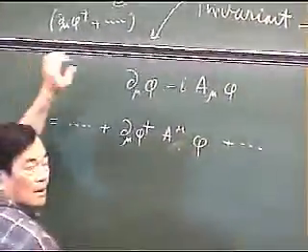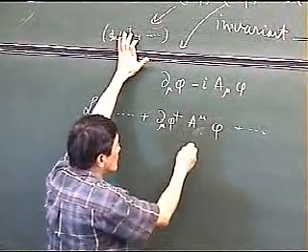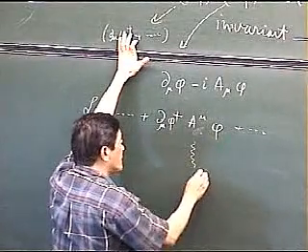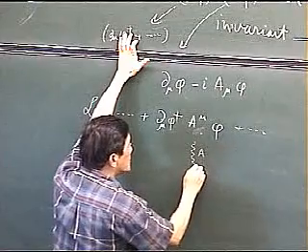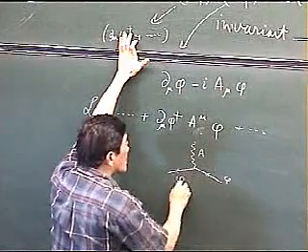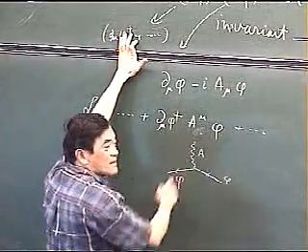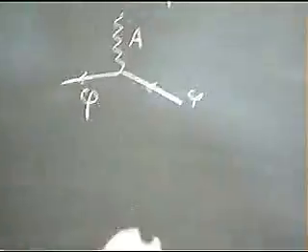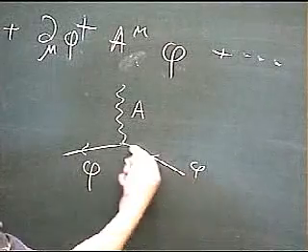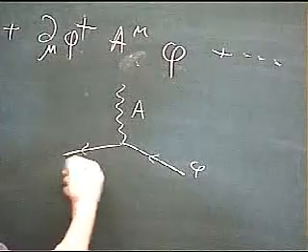So again, in quantum field theory, when you have a field phi, a phi dagger, and A mu, this corresponds to, if I make A mu represented by a wavy line, here's a phi field, and here's a phi dagger field. As we go back to the second lecture of my course, this phi field can annihilate, can be a source for a phi particle, and this could emit the phi particle.